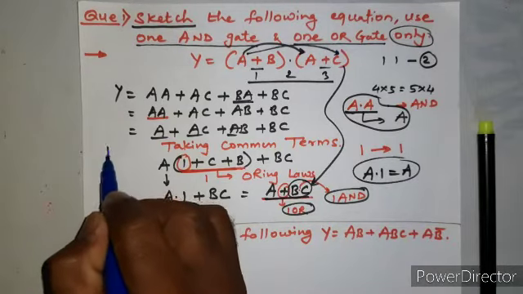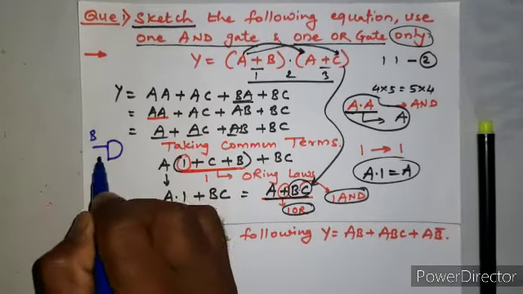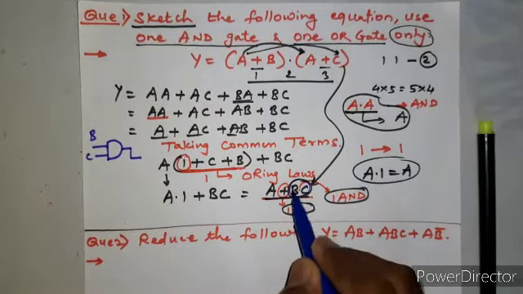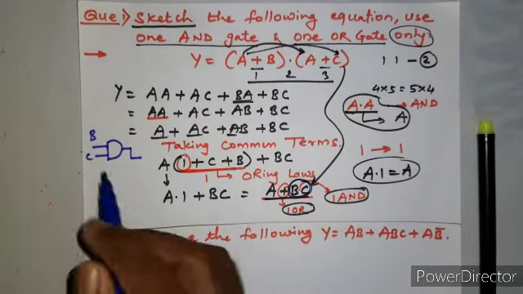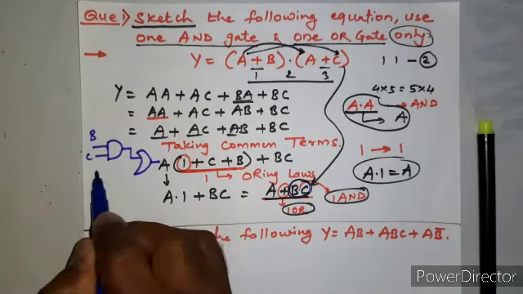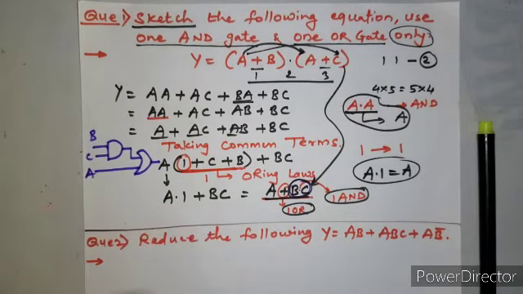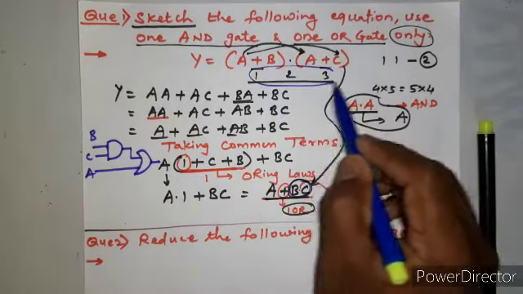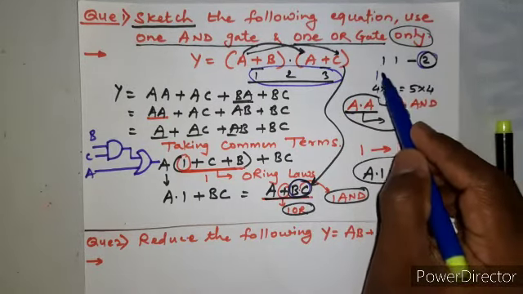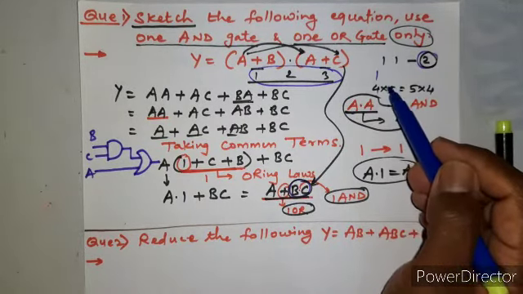Since this is an AND gate, this is B, this is C, and the output of this is ORed with A. So I have this OR gate and this is A. From these three gates, I have reduced this circuit to two gates. So I have dropped one gate here.